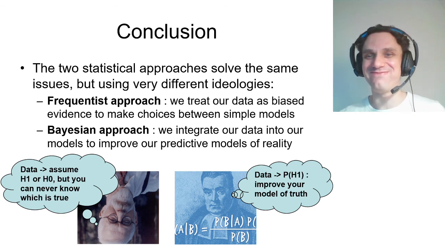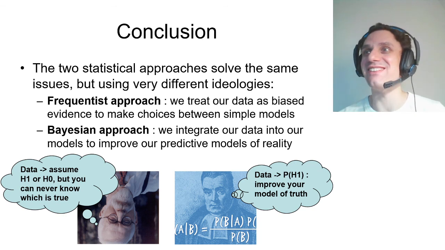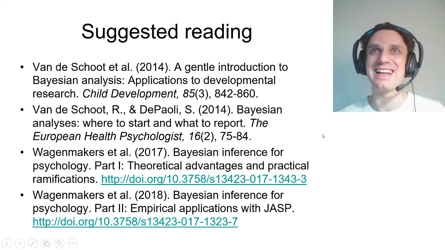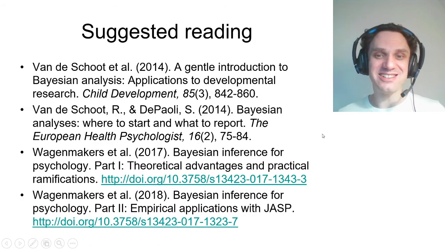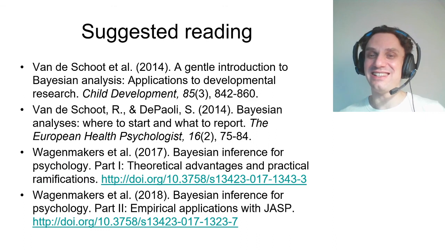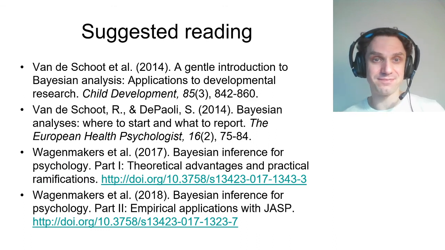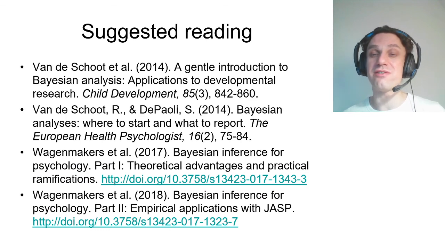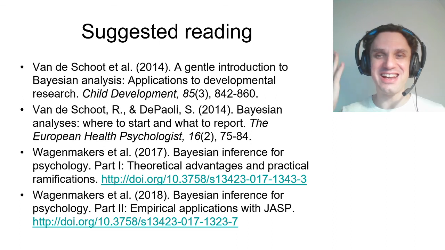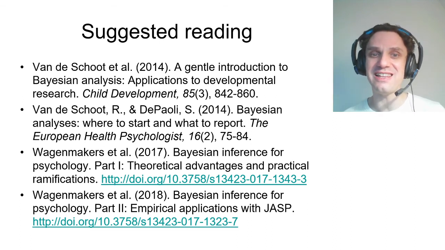I don't know. I think it depends on what you're really used to. So if you're interested in reading more on Bayesian statistics, there are two papers that I like by Rens van de Schoot that provide a nice introduction. I did not put them into our folder to avoid creating confusion, but you can easily find them online.